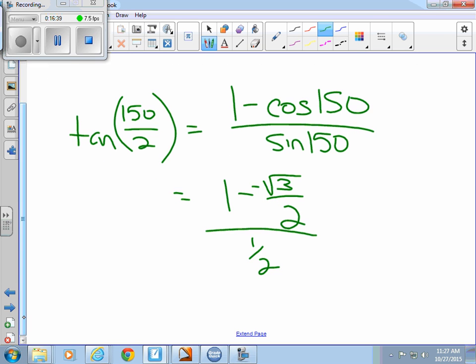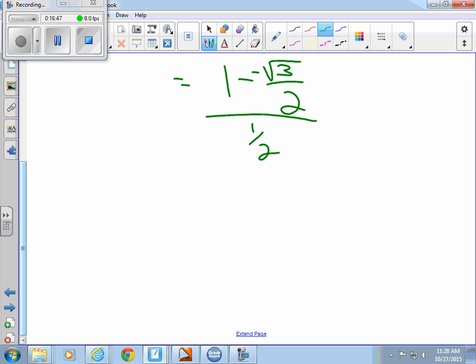Turns out tangent ends up being the easier one because there's no square root involved. I still need a common denominator though. 2 over 2. Are we doing common denominator, everyone?